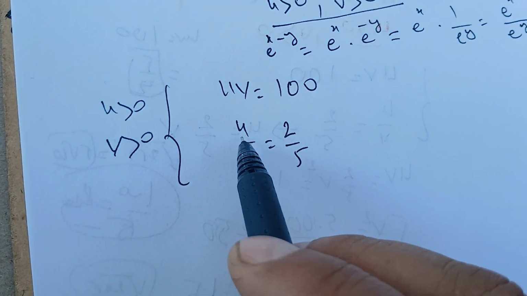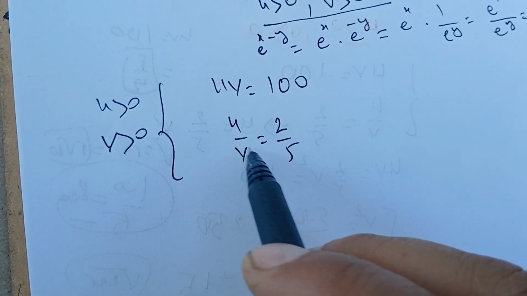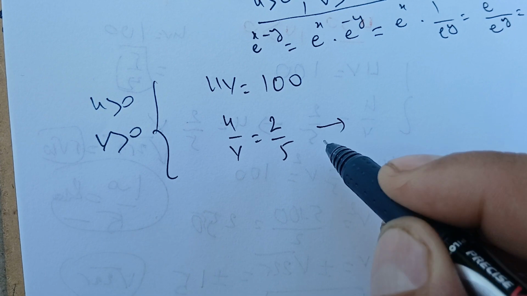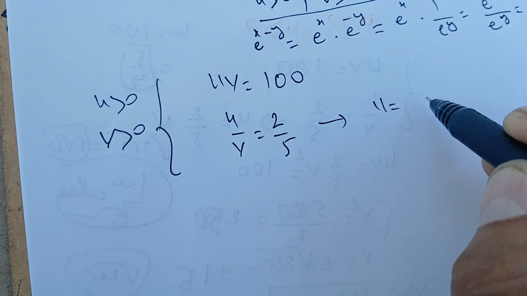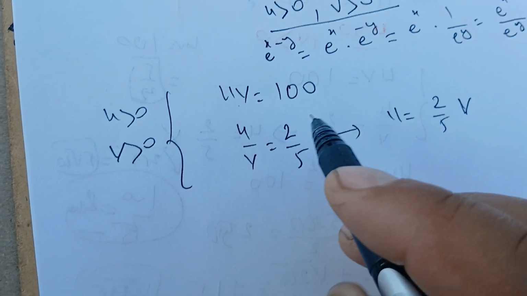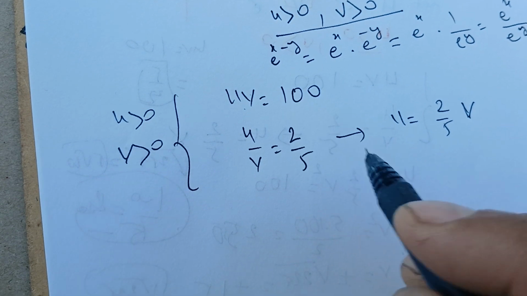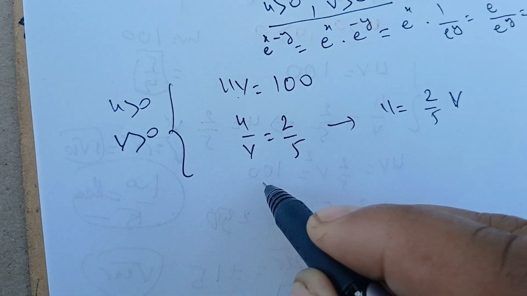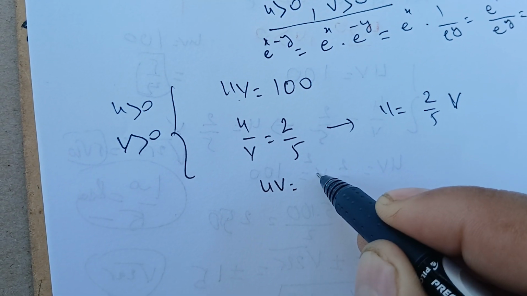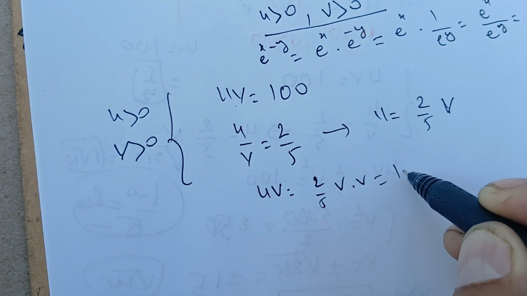So we can solve by just solving for one of the variables here. Let's solve for u. So u is 2 over 5 v, coming from this equation, and we plug it in the first one to get u v, where u is 2 over 5 v, times v equals 100.